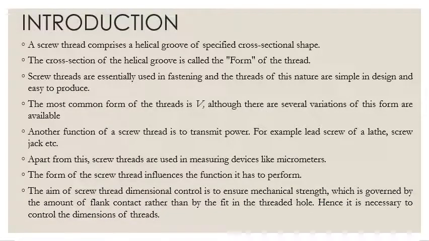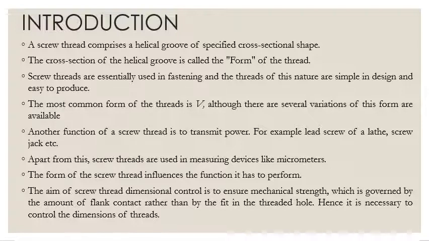For example, a V has a narrow cross section, so the strength of the material goes on decreasing as it reaches the top of the screw thread. Whereas in the case of a square thread, the material remains uniform from the bottom of the thread to the tip of the thread.